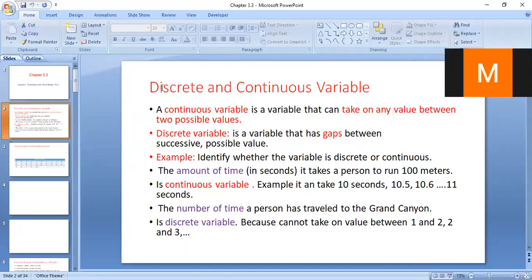This is the definition about the discrete and continuous variable. A continuous variable is a variable that can take on any value between two possible values.